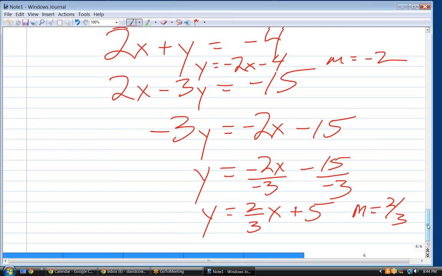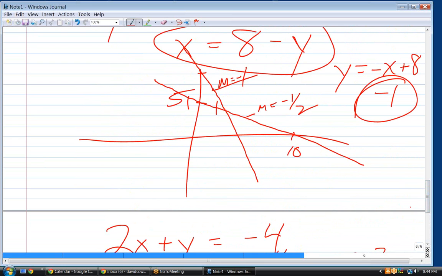In other words, in the previous problem, the only quadrilateral that was made was with the y and the x axis. I had that line, and then I had the y axis and the x axis. So the only chance of making a quadrilateral is using the two axes also.